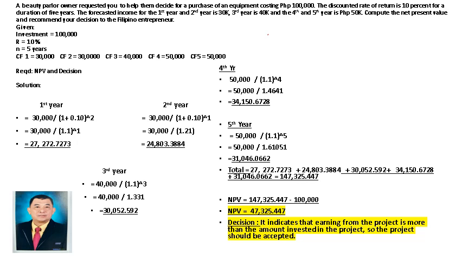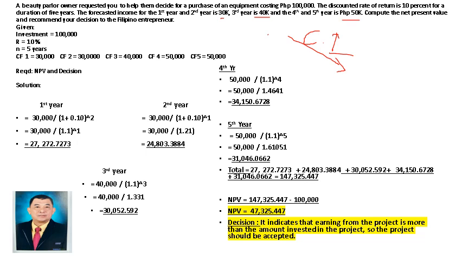The discount rate of return is 10% for a duration of 5 years. The forecasted income, what comes into the company, which is the cash inflow, for the first and second year is 30,000. Third year, it is 40K. Fourth and fifth are the same, 50K.